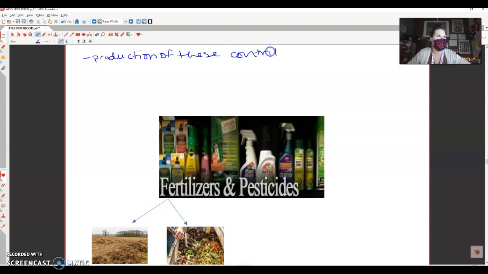So the production of these contributes to climate change. Why? Because we have to use fossil fuels to produce them.